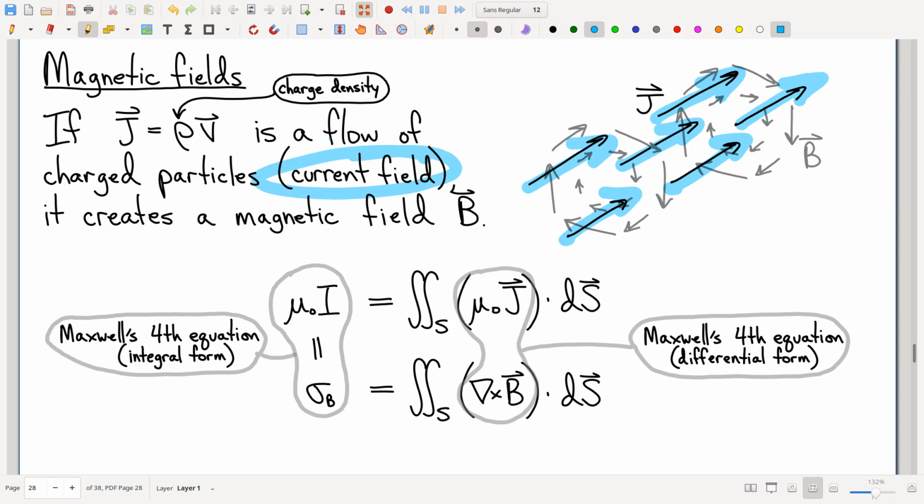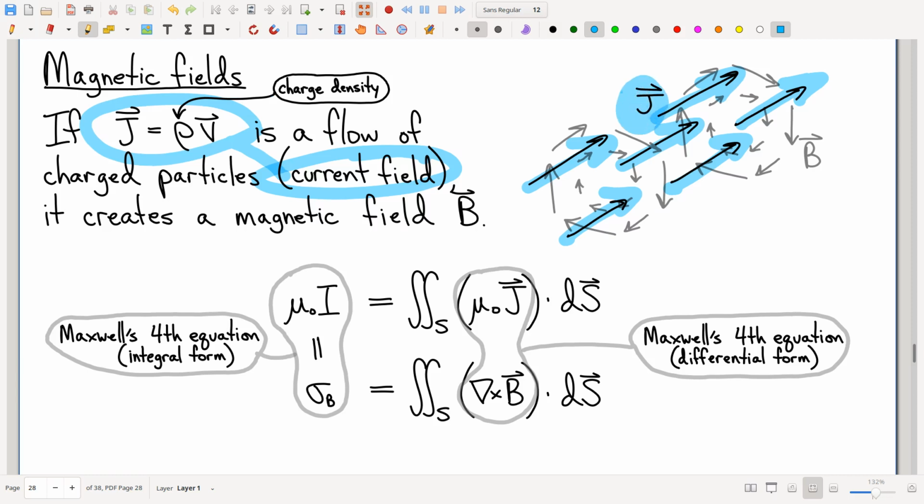It's not a current constant. If you have a wire, the current is just a constant, all the way through the wire. Here, it's a vector field that can vary depending on where you are. Just like air can flow in various different directions, charged particles can flow in various different directions. So we call that J. That's our current flow field.